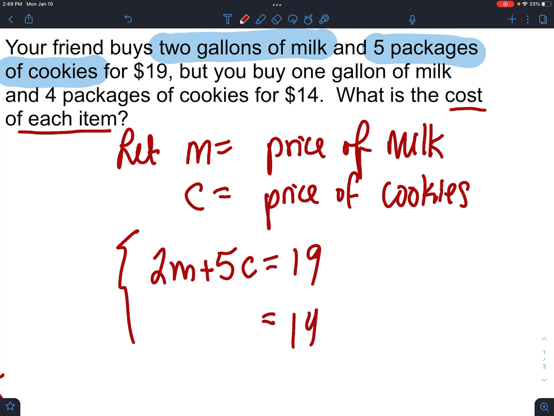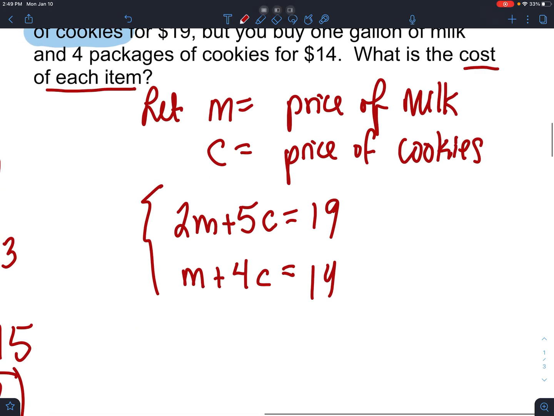Okay? And the second checkout is the price of milk plus 4 times the price of cookies. Okay? There we have it, 2 equations.